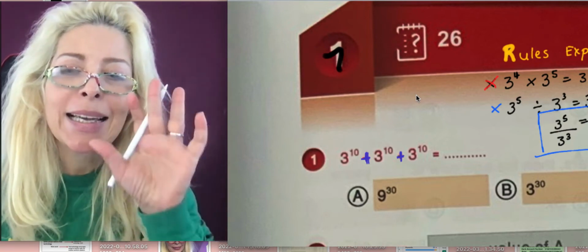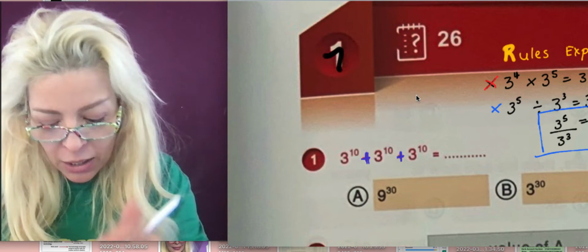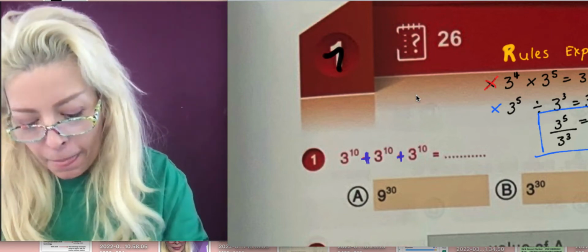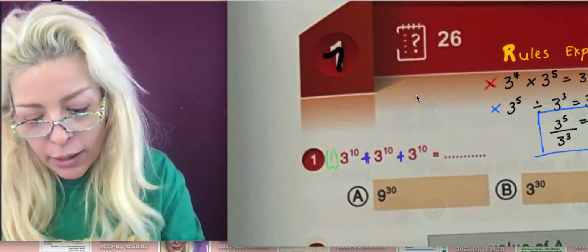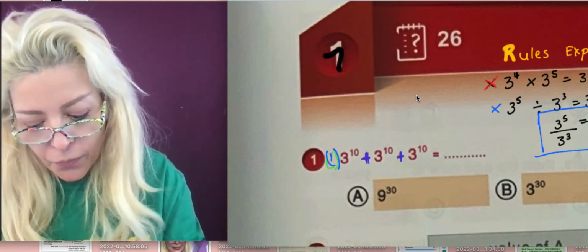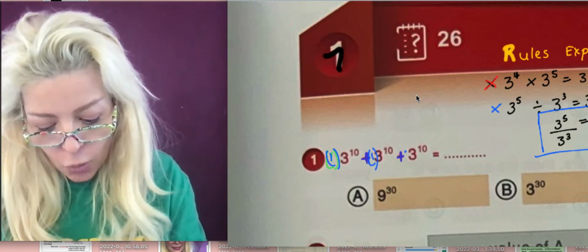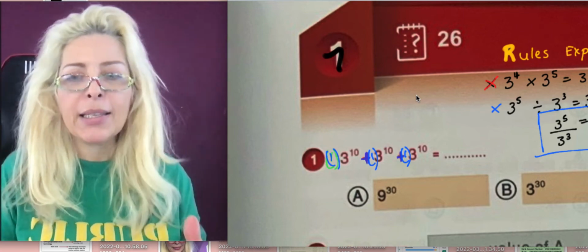You just leave it like that. Now, in front of every single 3, guess what we have? We have a 1 here. You're going to say, well, how did you get 1? Where did you find this 1 from?